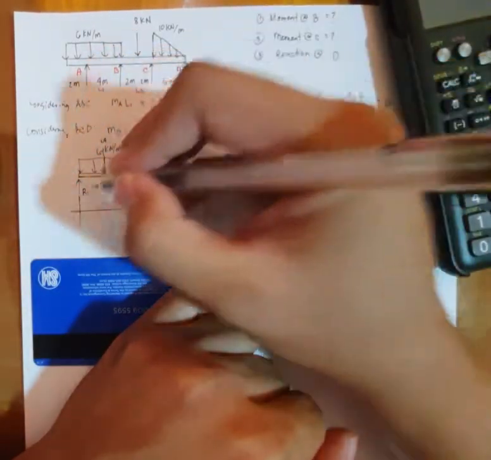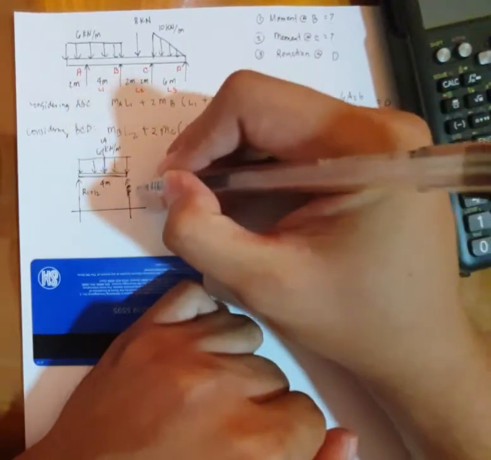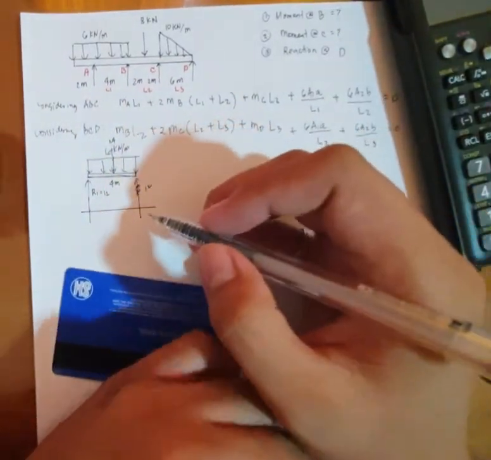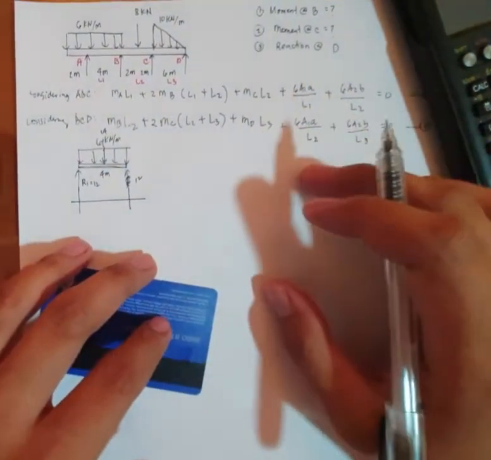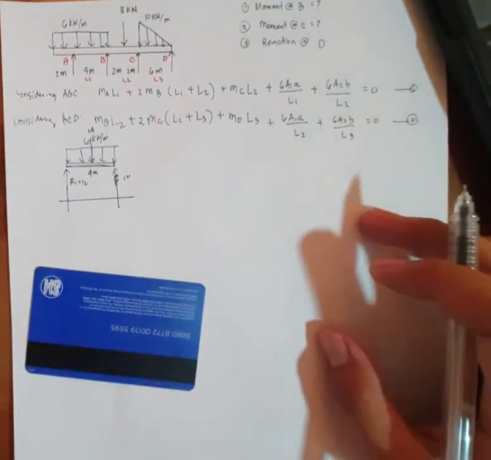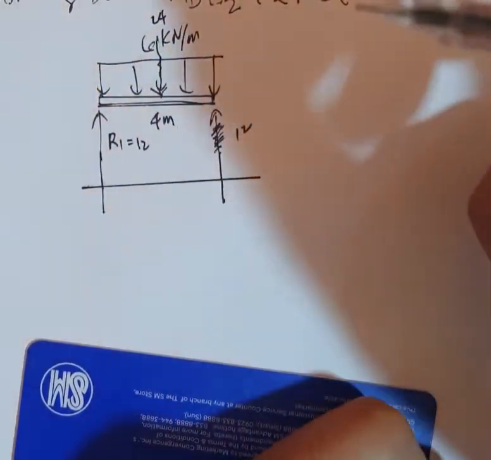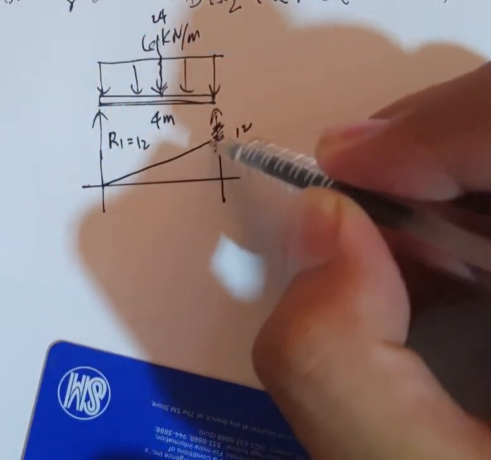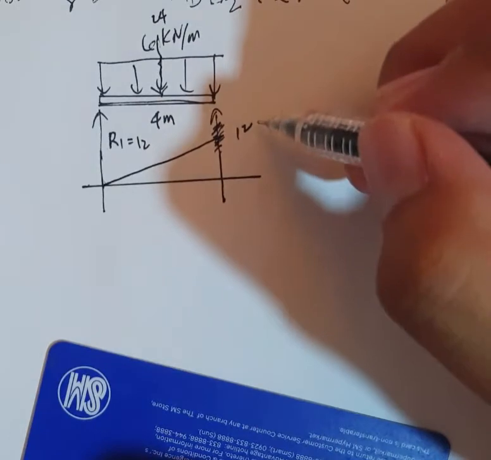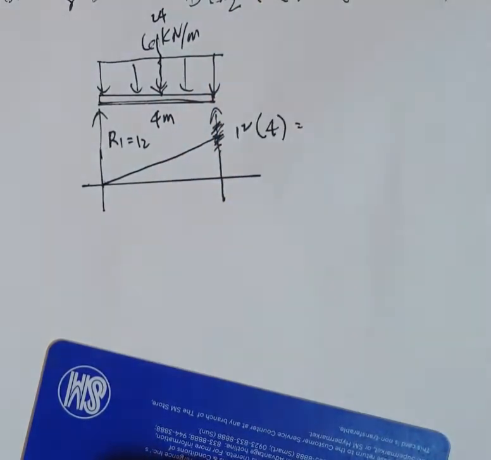So if this is 24, this is 12 and this is 12. So that is 12 times 4.